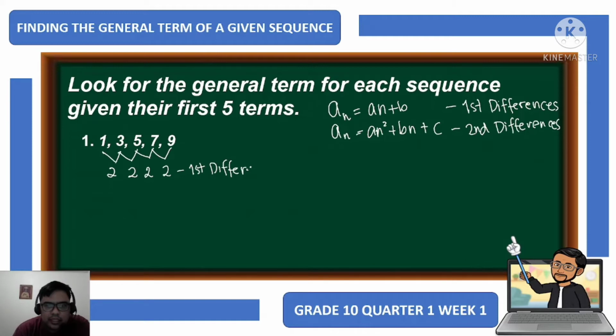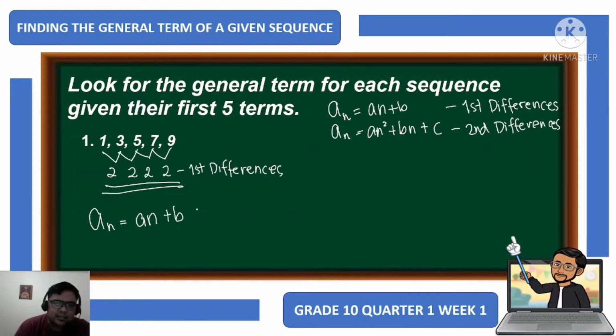Kasi yan yung una nating pinag-minus. Okay? Kaya first differences sila. And take note na pare-pareho sila. So, it will tell you that you must use the linear form, which is a sub n is equal to an plus b.